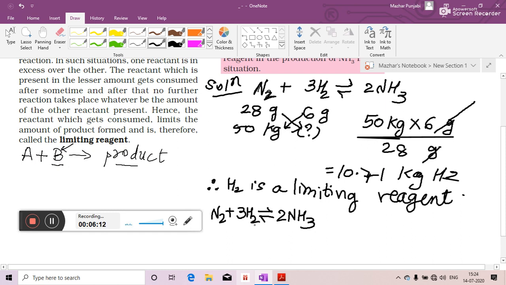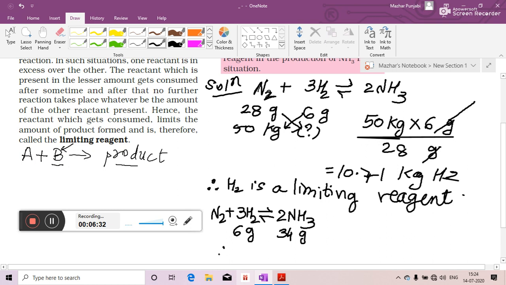So here we are having 3 into 2, that is 6 gram of hydrogen. Now for ammonia, what is the molar mass? For nitrogen it is 14, for 3 hydrogen it is 3, so 14 plus 3 is 17 into 2, that is 34 gram. So 6 gram hydrogen forms 34 gram ammonia.